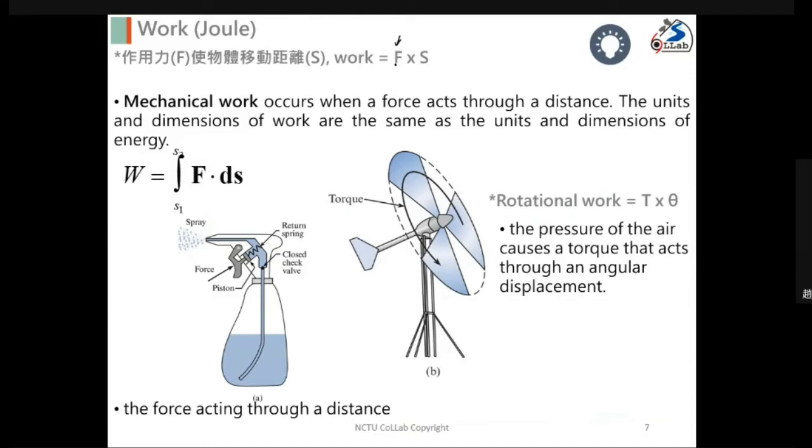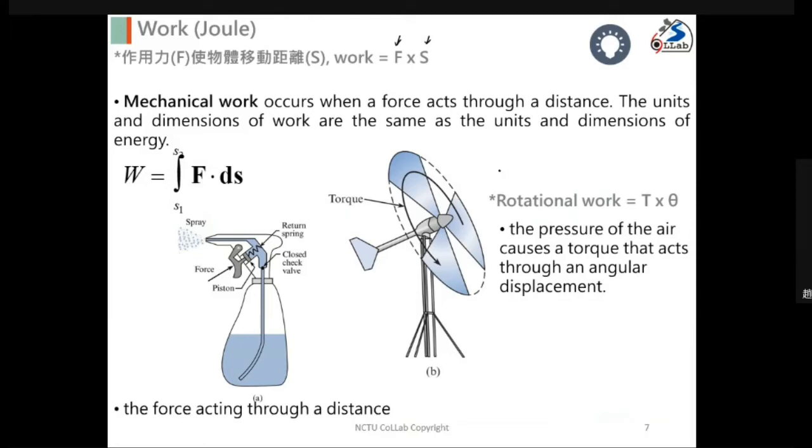Okay, so how can we compute the work? We have an external force acting on top of a block, and the block is moving a certain distance s, so we can directly multiply the force by the distance.